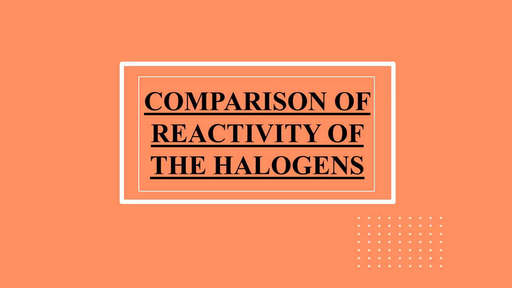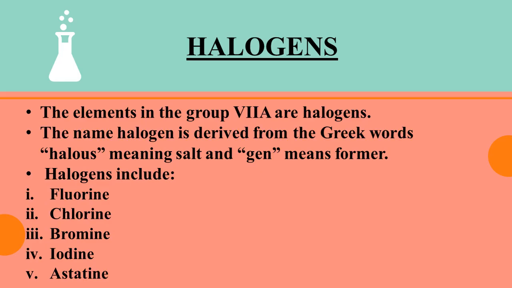The first topic you are going to learn in this part is the comparison of the reactivity of halogens. What are halogens? The elements in group 7A of the periodic table are called halogens. The name halogen is derived from the Greek words halos, meaning salt, and gen, meaning former. It means these are the compounds which form the salts.